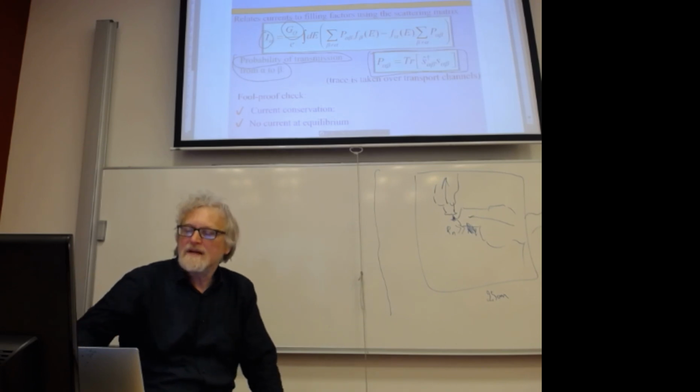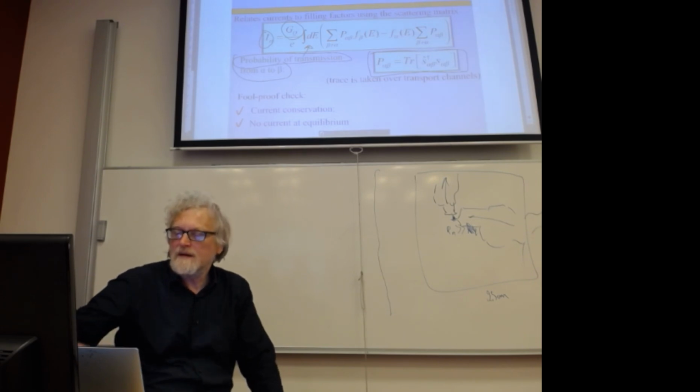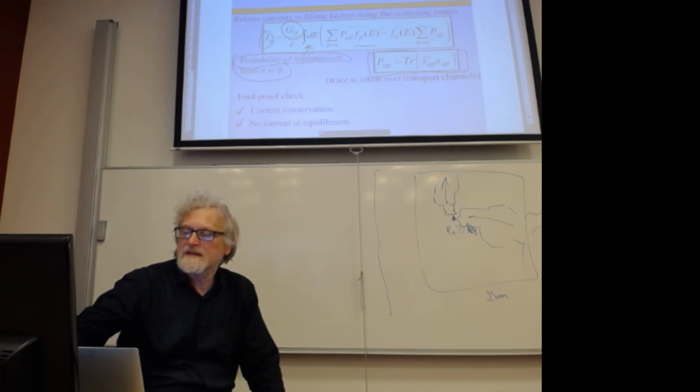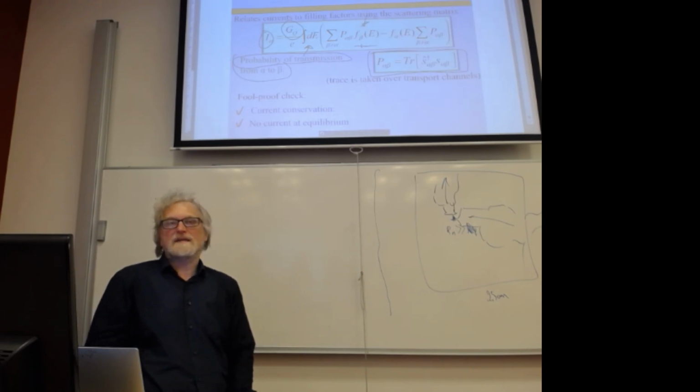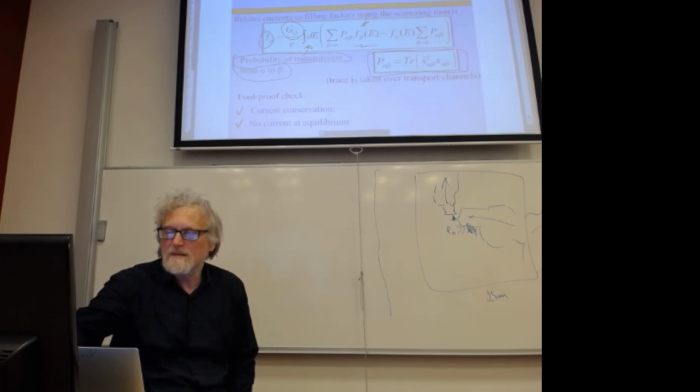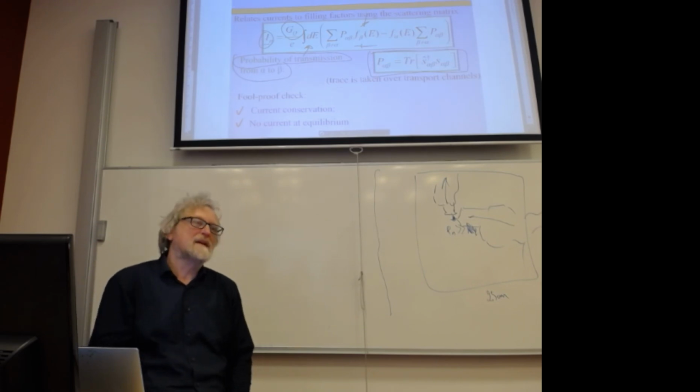We have summation over the leads. Here we have field vectors, right, with indices beta. And what we see in this term is that electrons from terminal beta go with some probability to terminal alpha. That's all nature.